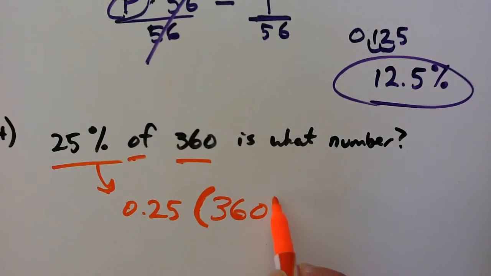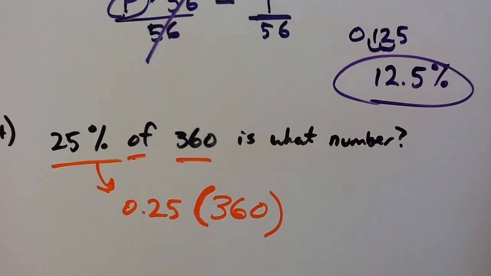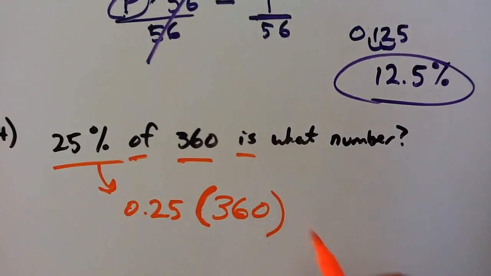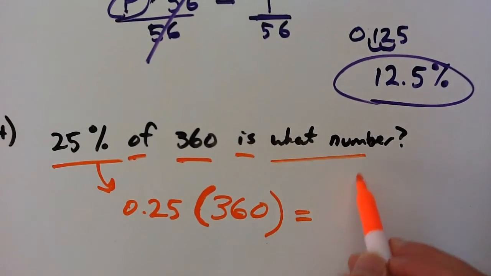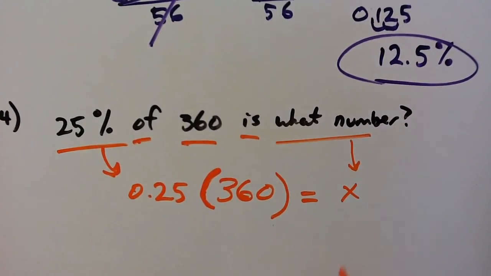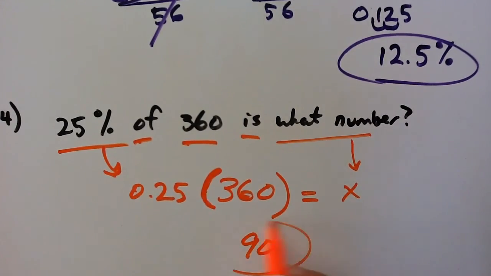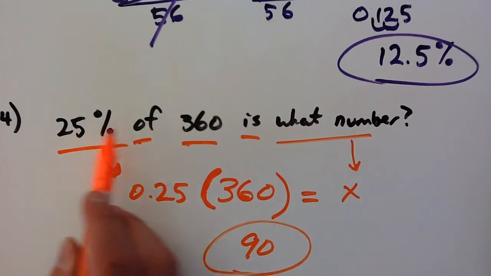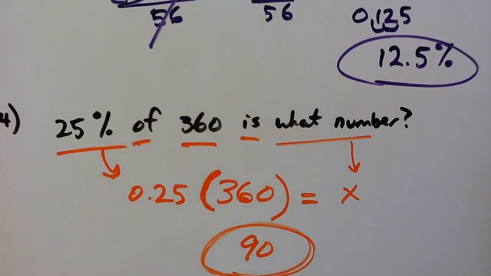You can use a dot or parentheses to show multiplication. There's your equal sign. Is what number? I don't know what number, so I'm going to use the variable x. And so all I do here is 0.25 times 360, and I would get 90 in my calculator. So 25% of 360 would be 90.